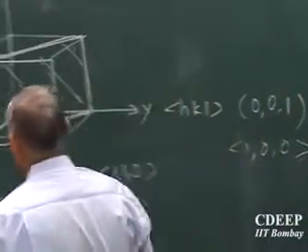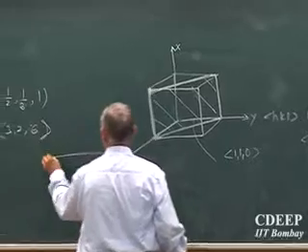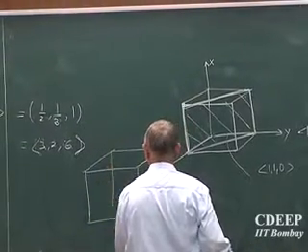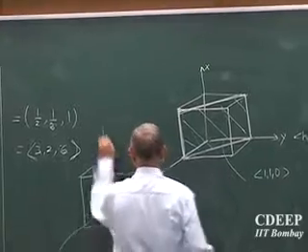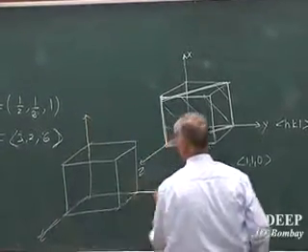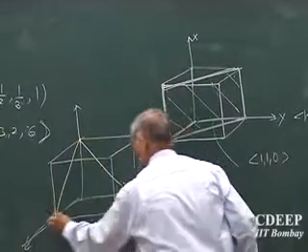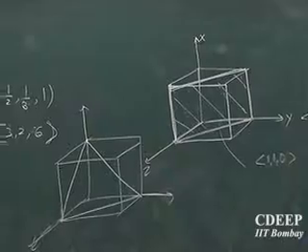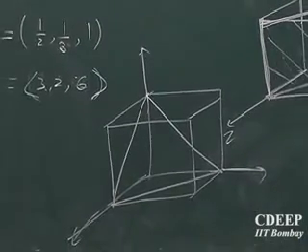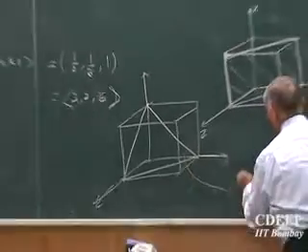The third possibility is a plane that intersects all three axes at A, A, A. So what is the Miller index for this plane?